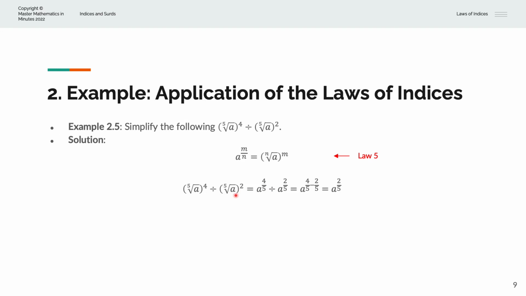And the second term, the fifth root of a to the power of 2, can be rewritten as a to the power of 2 divided by 5. And according to the second law, we should take the difference between the power. And that gives us a to the power of 4 over 5 minus 2 over 5. And that simplifies to a to the power of 2 divided by 5.